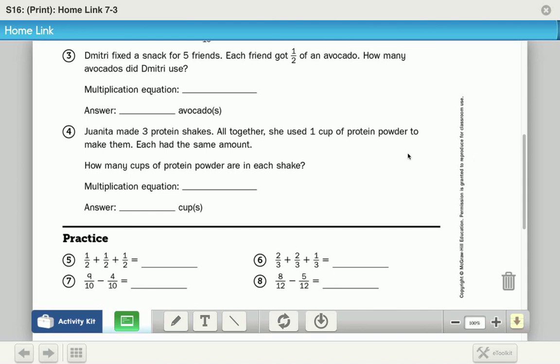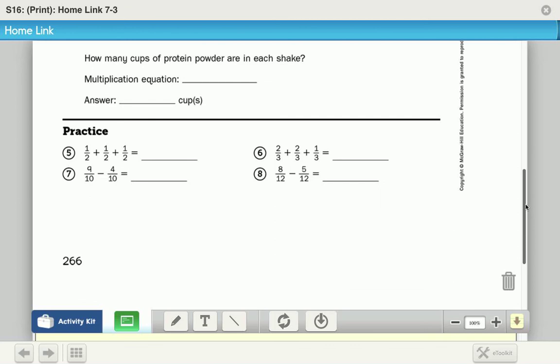Each had the same amount. How many cups of protein powder are in each shake? So this one you're going to have to think about a little bit. She's got 3 shakes, and altogether she used 1 cup of protein powder. So what is in each one? Okay, and then we have fraction problems down at the bottom, 2 addition and 2 subtraction.